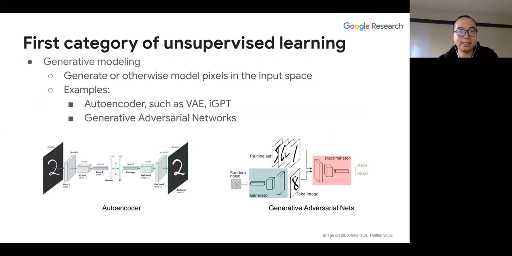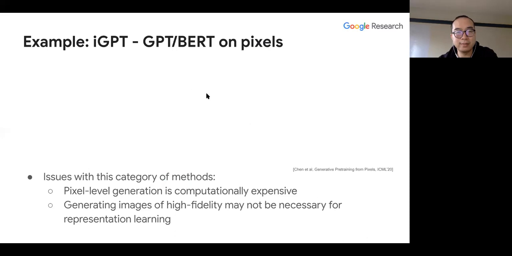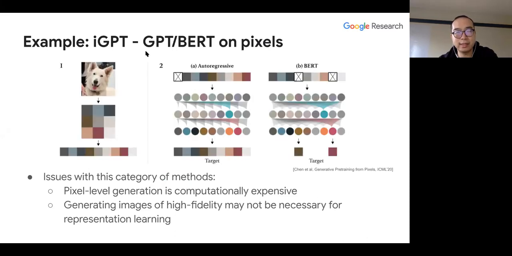And I would say there are mainly two rough categories of unsupervised or self-supervised learning. The first one is so-called generative modeling of the data, where you generate or otherwise model the pixels in the input space, like autoencoders and GANs. In particular, let's look at this iGPT work that I highlighted here, where they basically train either an autoregressive or BERT model on the pixel space, which works pretty well.